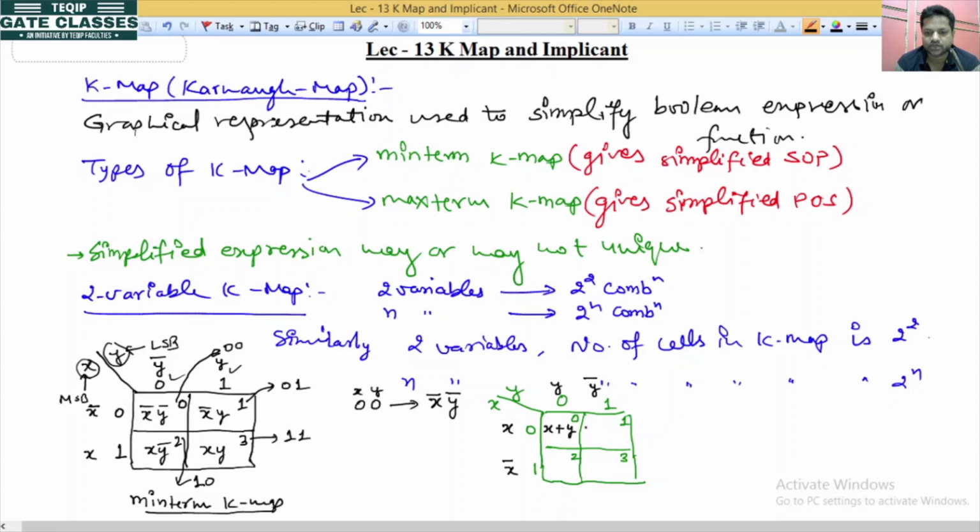Now from the row we have x, from the column we have y bar. From the row we have x bar, from the column it is y. Okay? So it will be x bar plus y bar. So this will be the max term K-map.